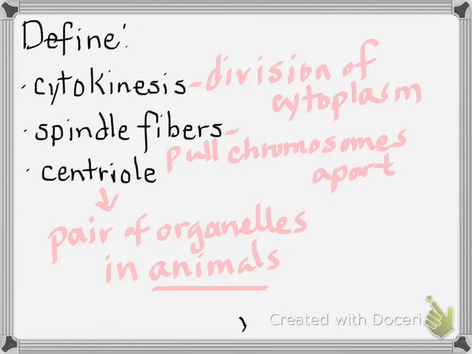We're not really sure what they do, but we do know that they copy themselves, and then the pairs separate away from each other so that each new animal cell gets a pair of centrioles. So centrioles are only found in animals. So just glance with me on number 2 and make sure that you're okay with all the vocabulary that's listed on number 2.